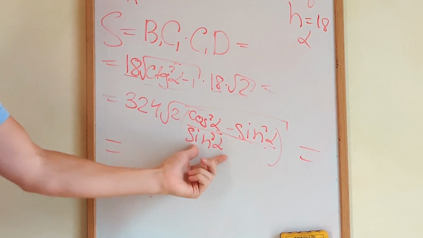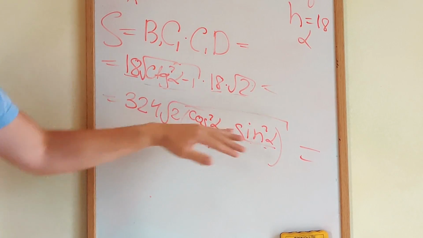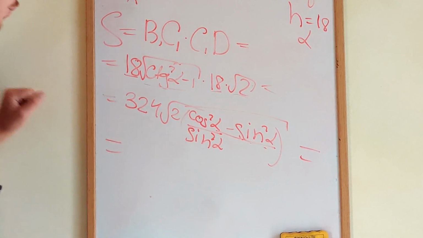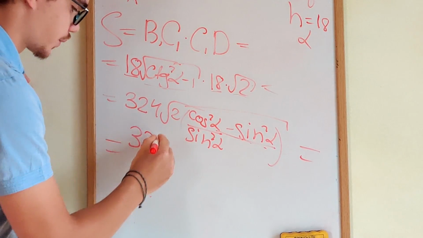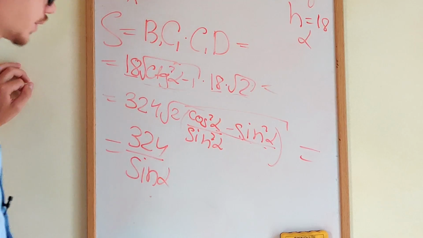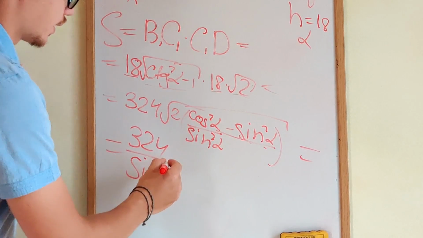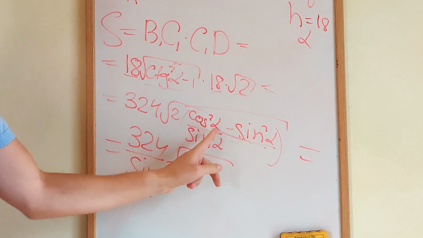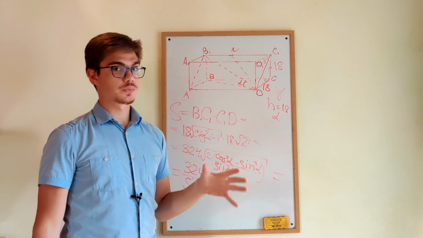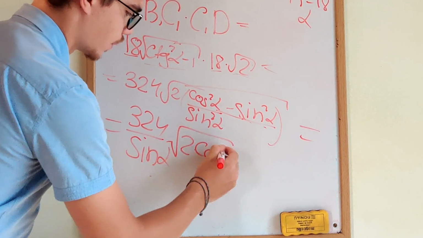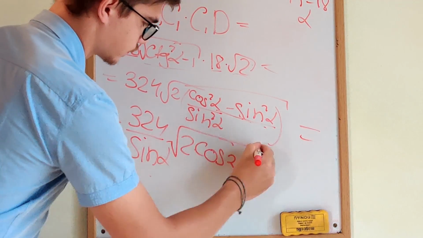The sine squared of alpha is in the denominator, and we can take it out of the square root. It becomes 324 over the sine of alpha without the square. And under the square root we are left with 2 times this bracket, cosine squared minus sine squared.